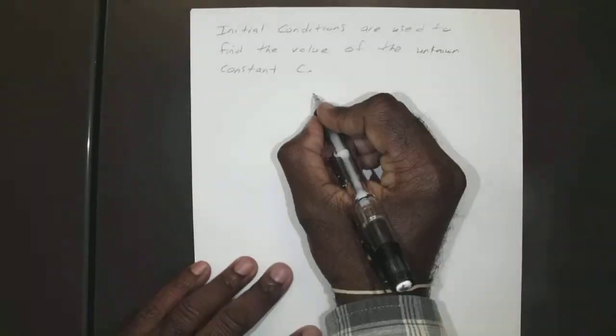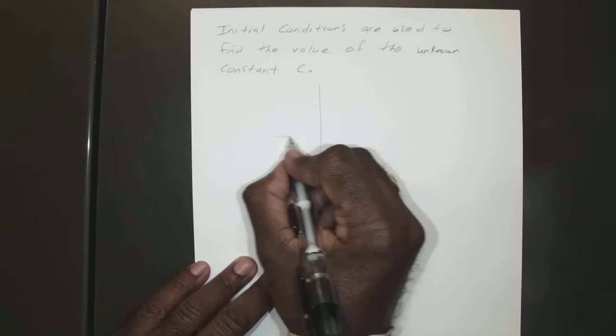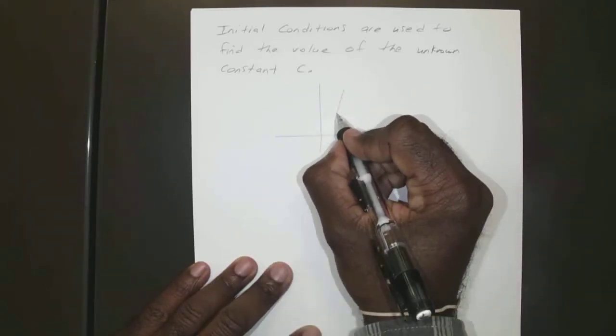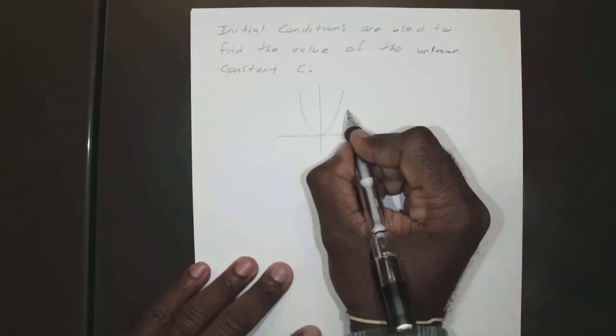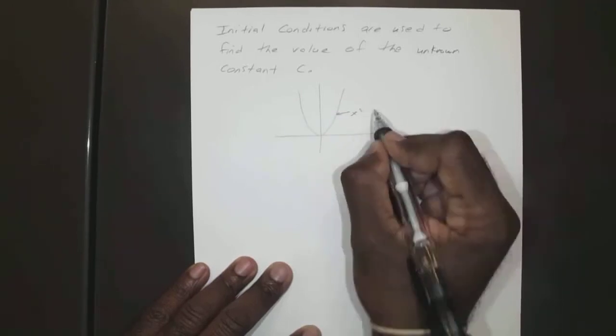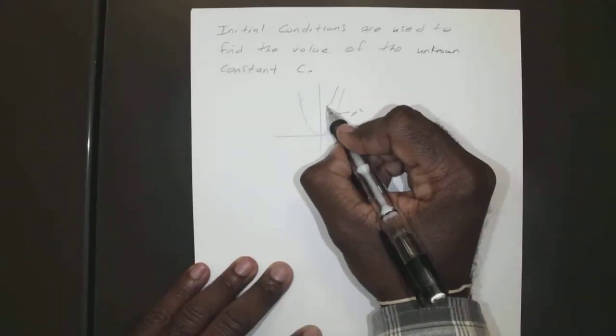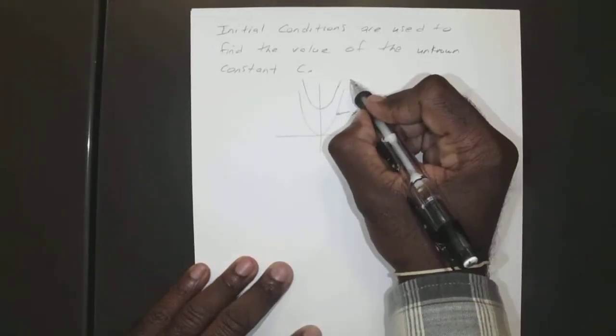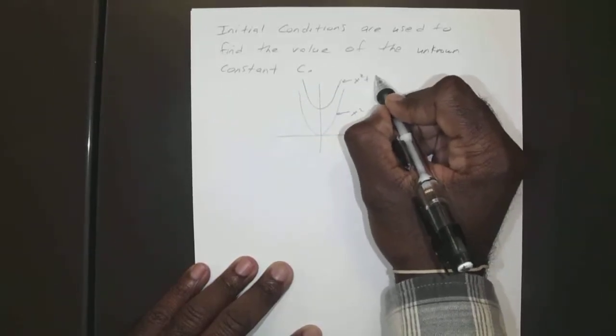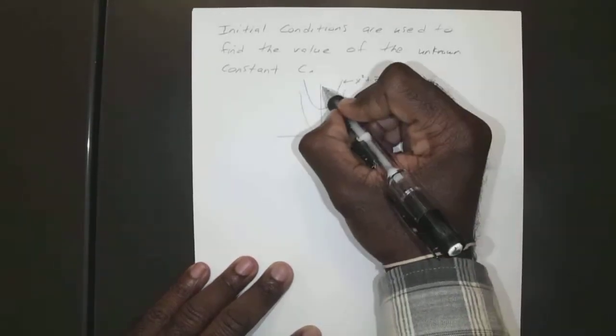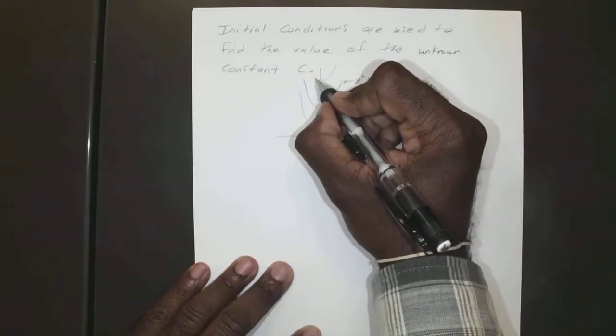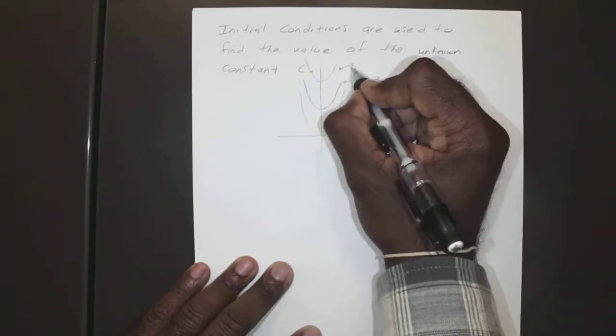Okay, so if you think of it this way, let's say here you have x squared. And let's say here you have x squared plus 3. And here you have some x squared plus 5.